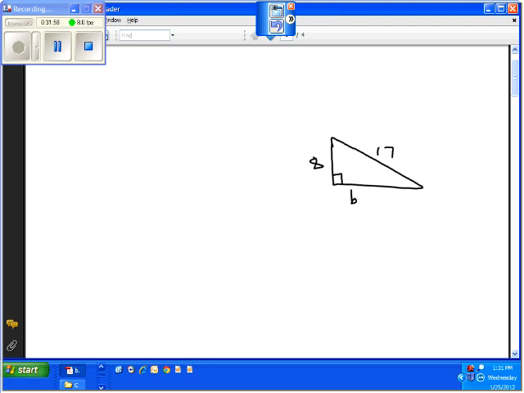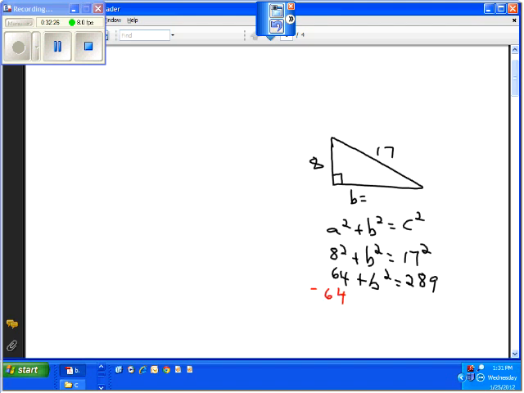So we're going to use the Pythagorean theorem. We're looking for b. So we're going to say a squared plus b squared equals c squared. So we get a, which is 8 squared, plus b, which we don't know, squared, is equal to the hypotenuse c squared. We square what we can. We get 64 plus b squared equal 289.